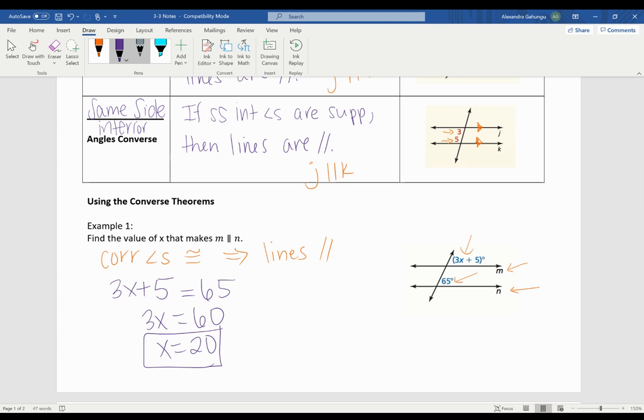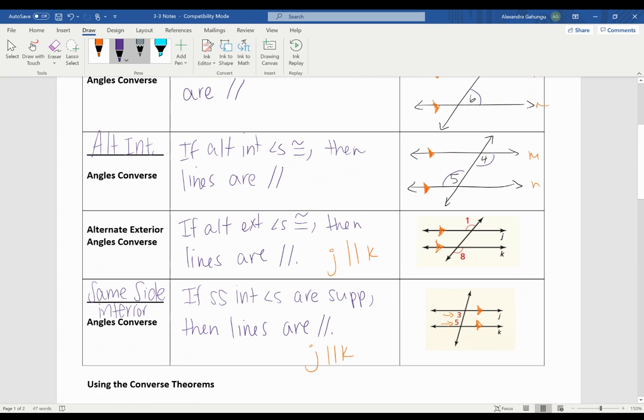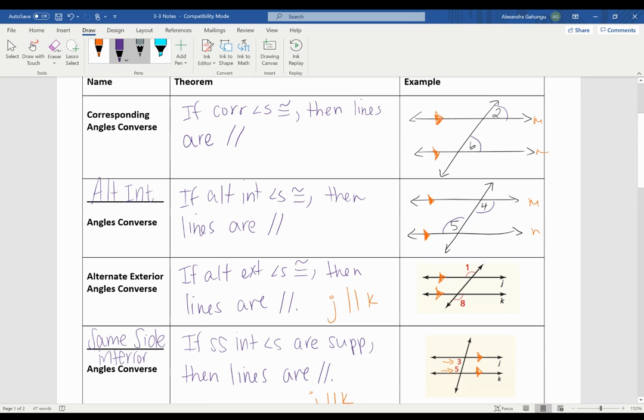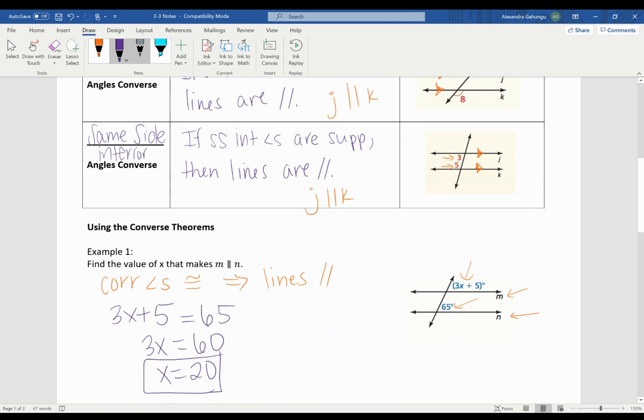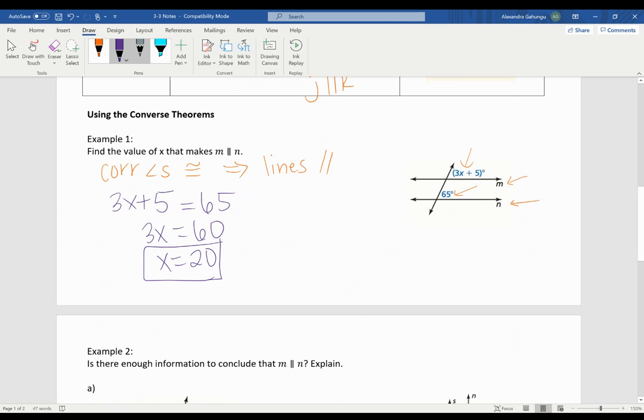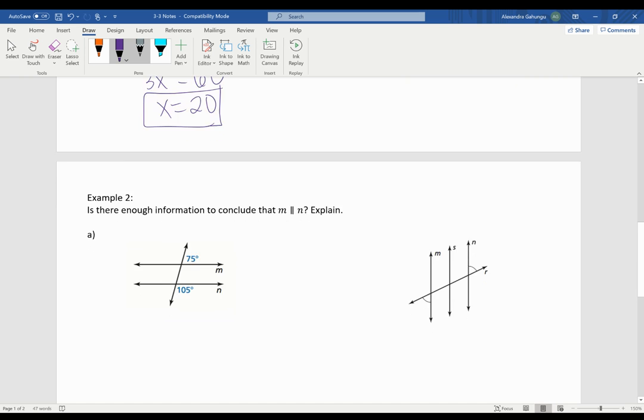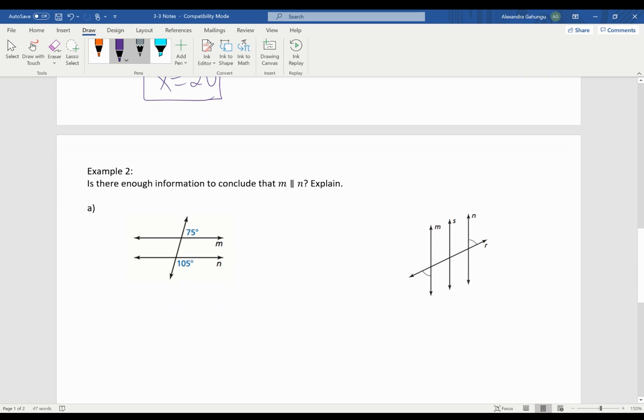Okay, and then our last examples, the idea is basically we're still using the whole idea of alternate interior angles congruent, exterior angles congruent, same sides being supplementary. It's sort of the same process. Now we're just building off of that given information to say lines are parallel. Last two, do we have enough information to conclude that M is parallel to N?